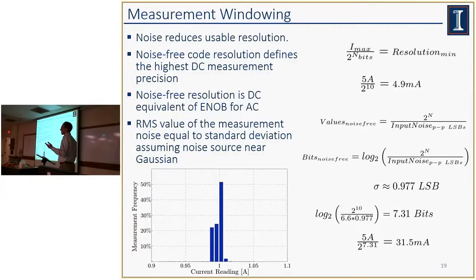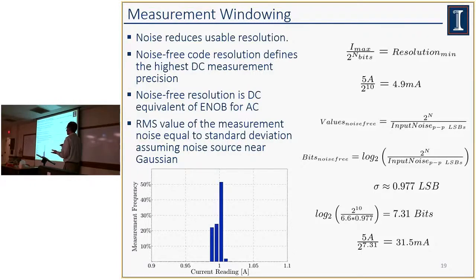This is different than the effective number of bits. The effective number of bits, or the ENOB that you frequently hear about in ADC specs, is an AC specification. So the noise-free code resolution is a DC specification. And because we're taking these samples at certain points in the signal, we really are interested in a DC measurement.